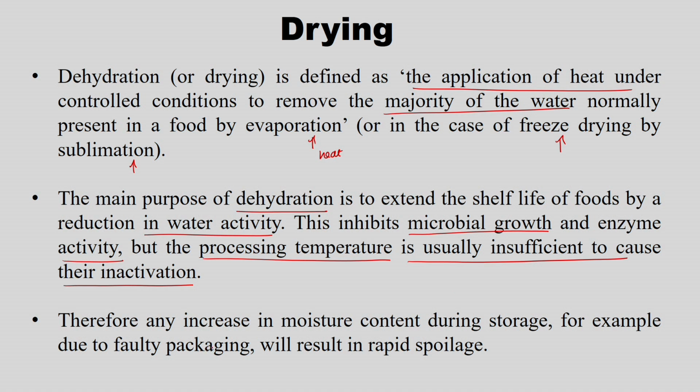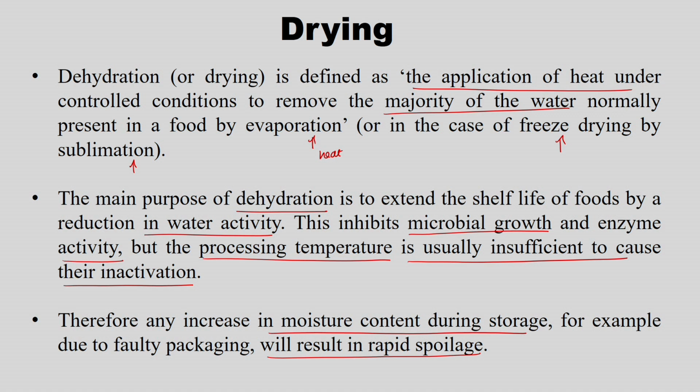Any increase in moisture content during storage, for example due to faulty packaging, will result in rapid spoilage. So, in drying, the main aim is to remove the moisture content to inhibit microbial growth or enzyme activity, but since it is not inactivating, there is a possibility of recontamination.